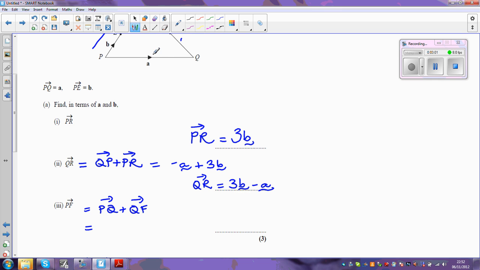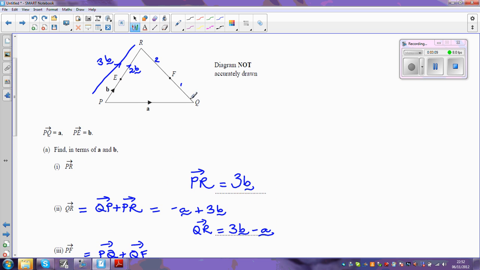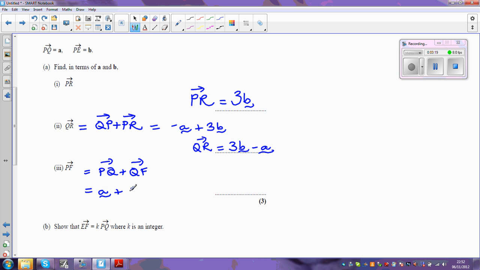Now, I can see that PQ is just the vector A. I can also see that QF is actually just 1/3 of the vector QR. Okay, so QF is 1/3 of QR, and it just so happens that I've just found the vector QR. So I'm going to write here QR.